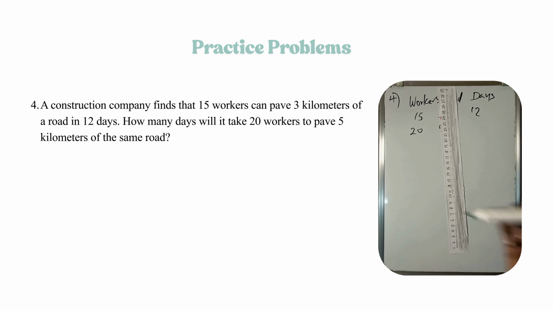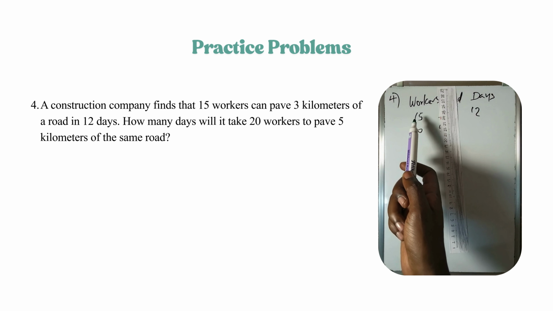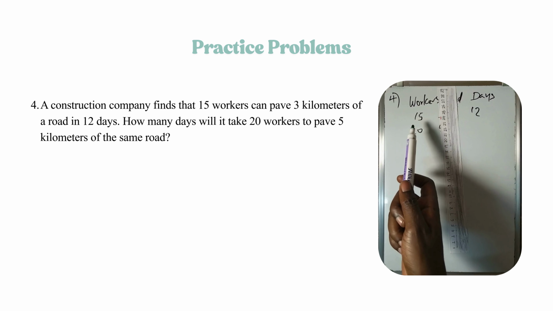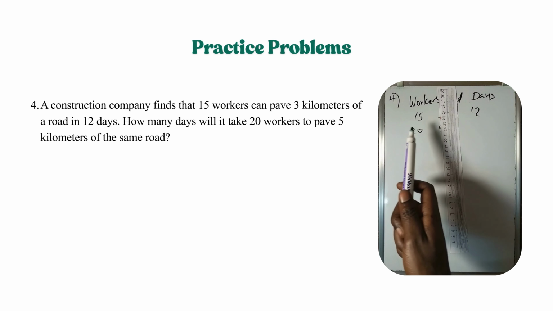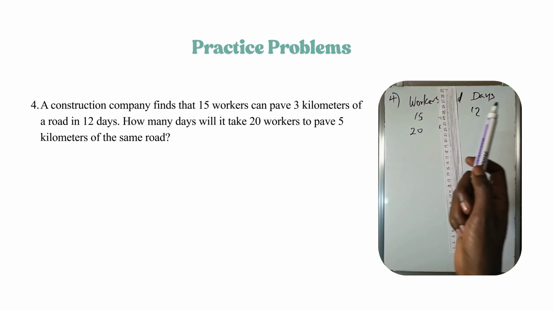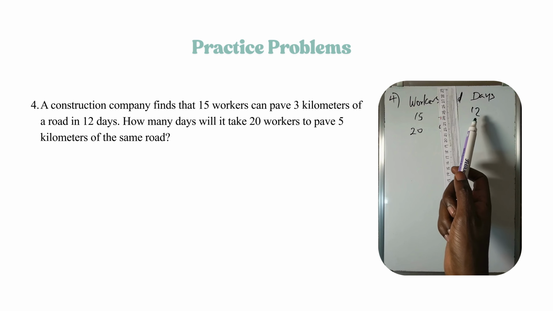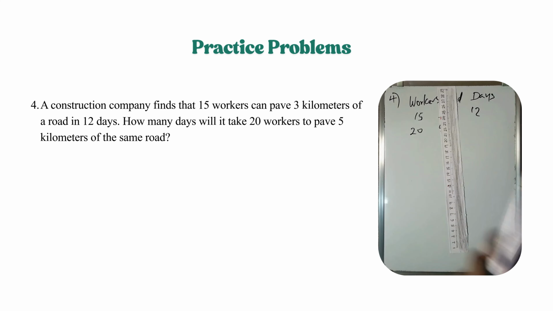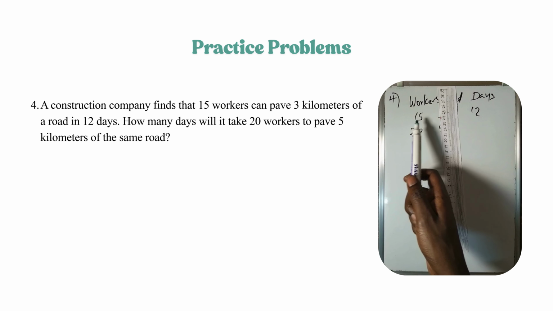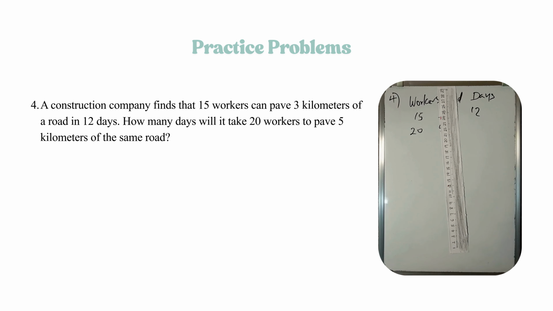If the company has 15 workers, the 15 workers will complete that job in 12 days. What about 20 workers? Common sense tells us that 20 workers will do it faster.